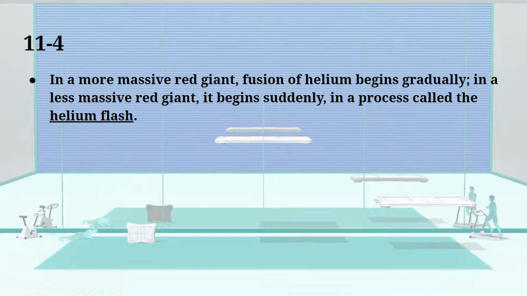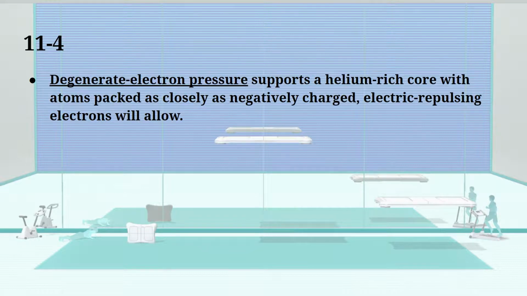But with smaller stars, between 0.4 solar masses and 3 solar masses, somewhere between those, we're including our sun, it does not occur gradually. Instead, it has to occur suddenly. And we call that process a helium flash. We won't be able to see this, but you'll see why it's called a helium flash. It's because it happens so fast.